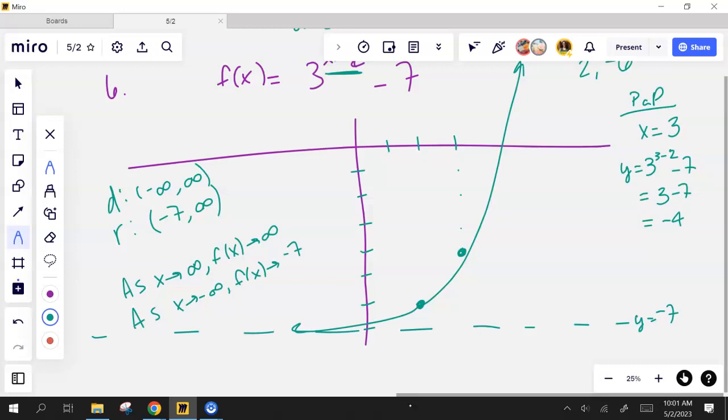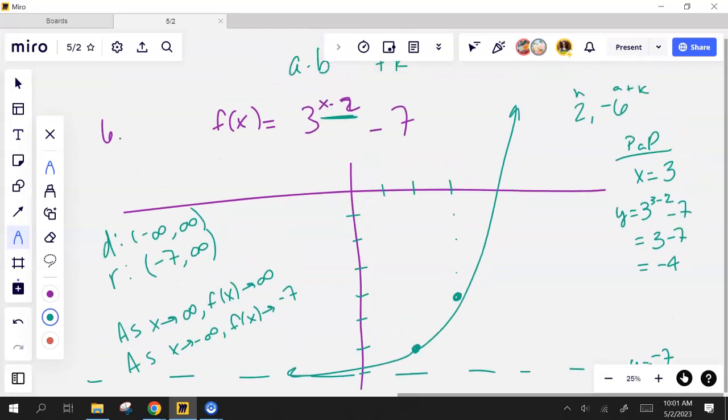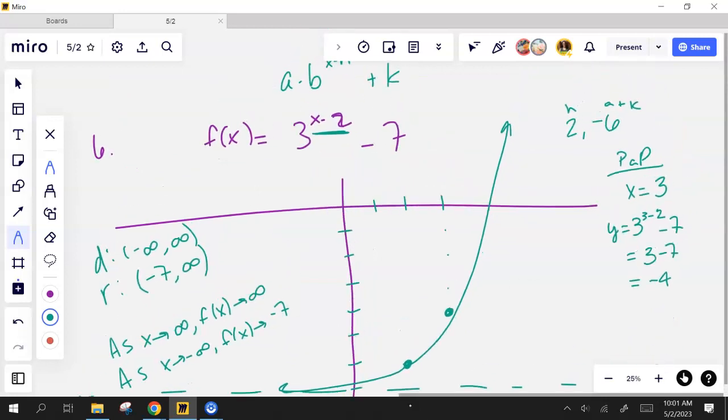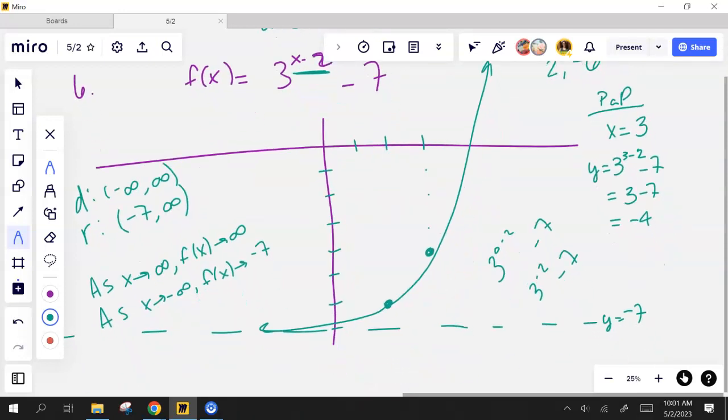If I put in a 0 for x, I get 3 to the 0 minus 2, which is 3 to the negative 2, minus 7, which just flips it around, so it's 1 over 9 minus 7, and you can use your calculator to get a decimal. What's 1/9 minus 7?